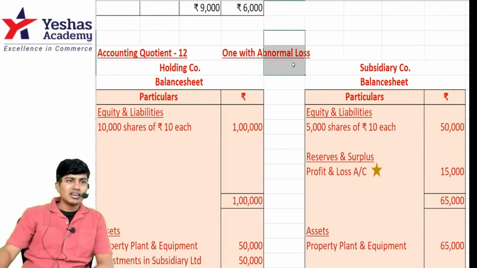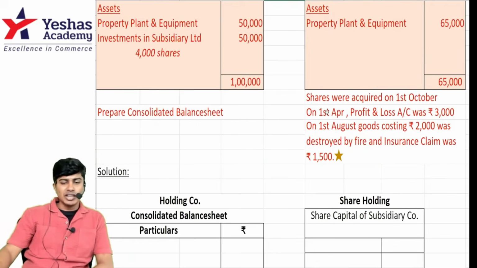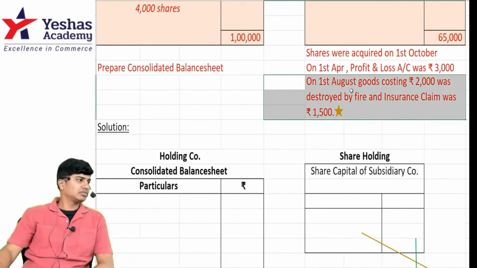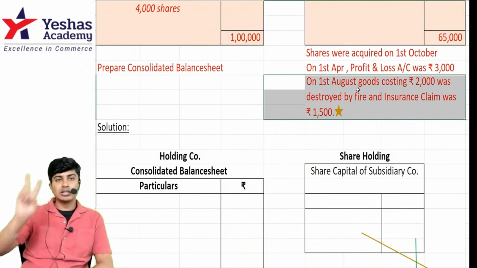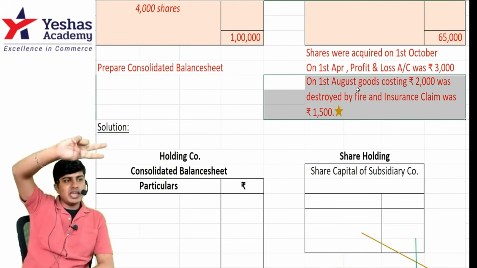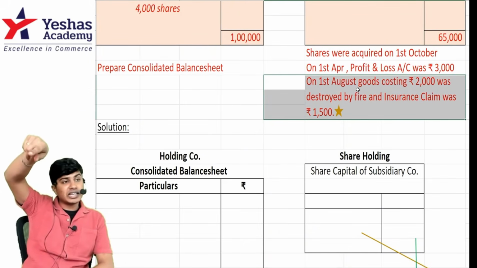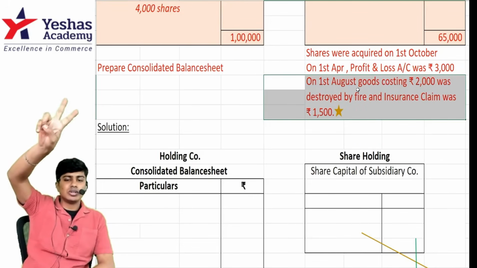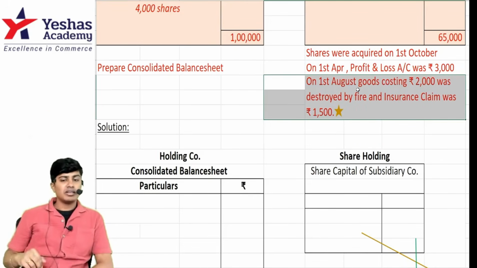There is an abnormal loss. Read. 1st of August. What happened on 1st of August? Goods costing rupees 2,000 were destroyed by fire, and there was an insurance claim.